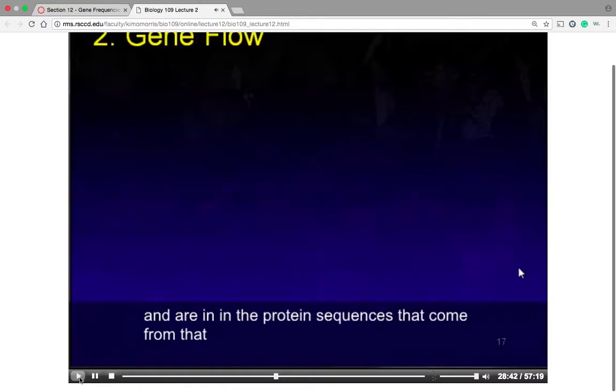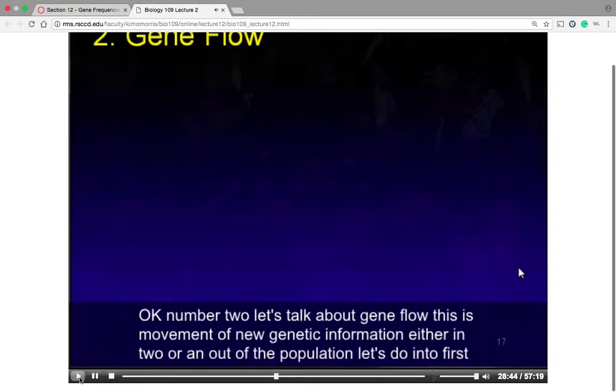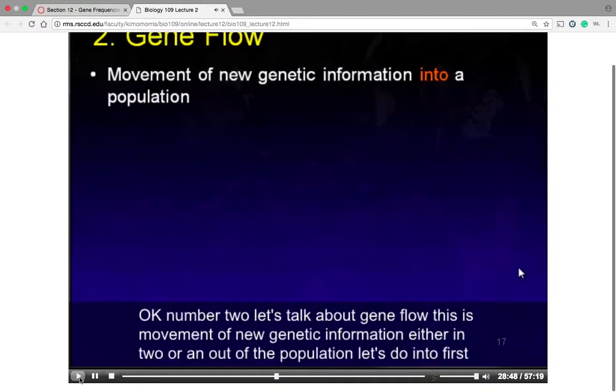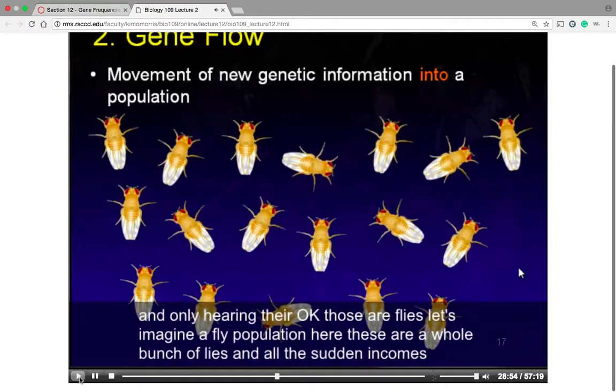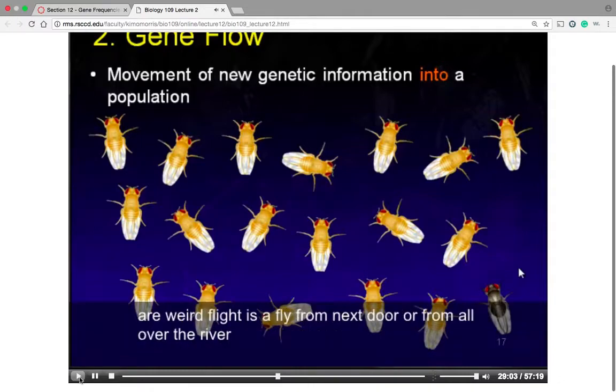Okay, number 2, let's talk about gene flow. This is movement of new genetic information either into or out of a population. Let's do into first. Alright, what are you hearing there? Okay, those are flies. Let's imagine a fly population here. These are a whole bunch of flies, and all of a sudden, in comes a weird fly.